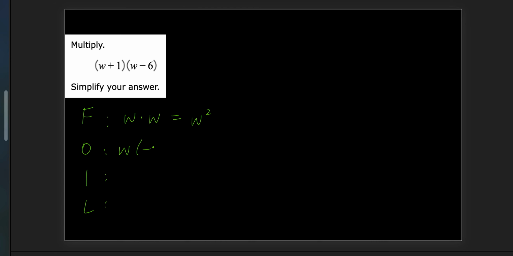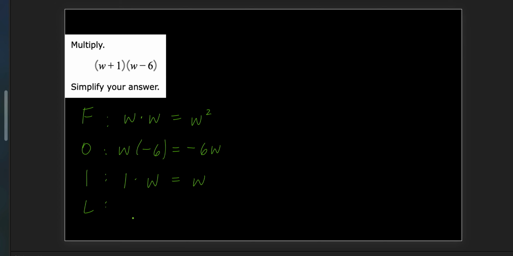W times negative 6. And if you don't need to write that part, that's okay, just write down this part. If you see that already, negative 6W. I for inner, you see what's going to go here? That's 1 times W, which is just W.